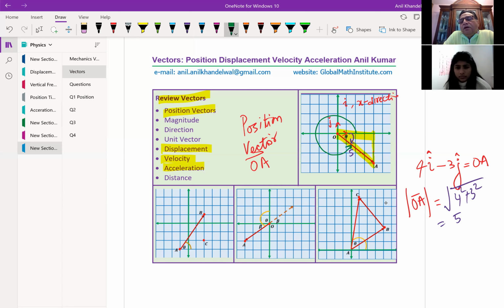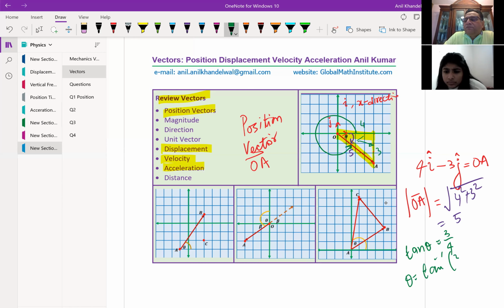Now, to find the answer, we just do tan of theta, which is equal to opposite side over adjacent, the ratio. In this case, the opposite side is 3 units, and that is 4 units, so that is 3 over 4, and the angle theta will be tan inverse of 3 over 4. You can calculate this. Now, this angle is not the true answer. What we have done here is we have taken the positive values.